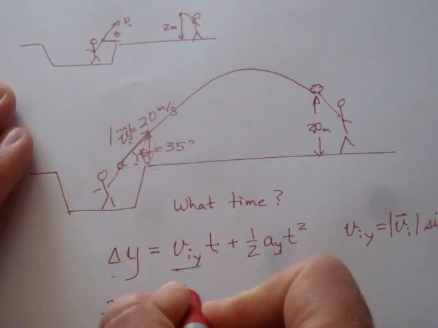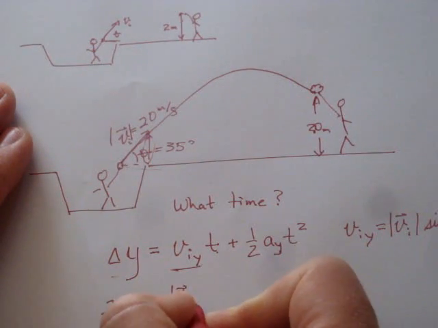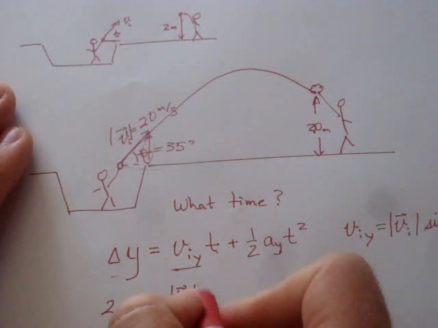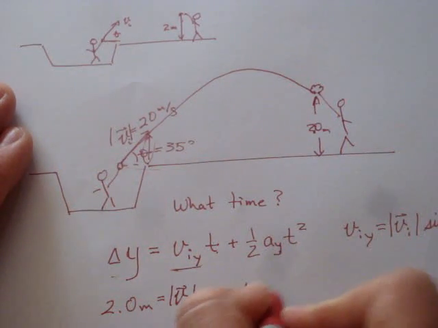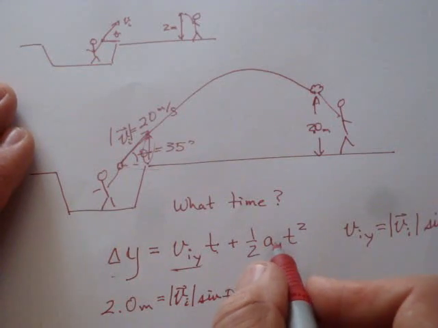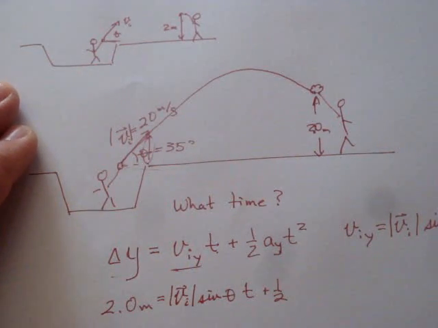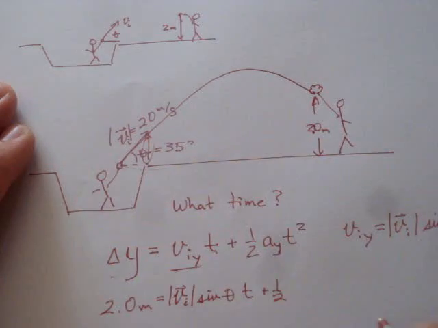We have the magnitude of the velocity vector times sine of the angle theta times time plus 1/2. Now the acceleration here is going to be the same for everyone. We need to make a determination about what we want it to be.